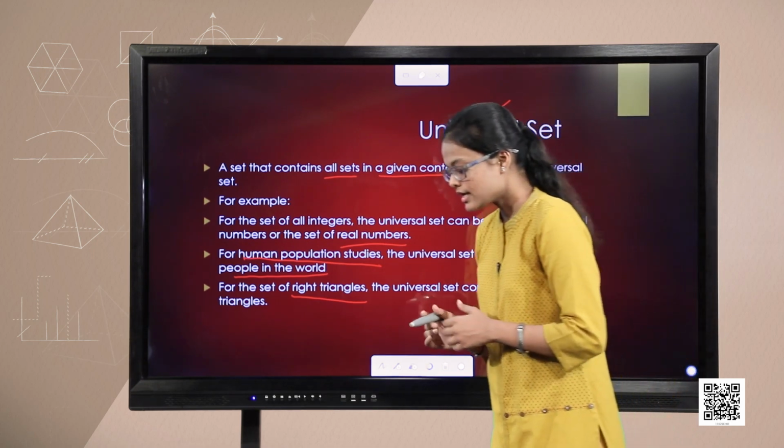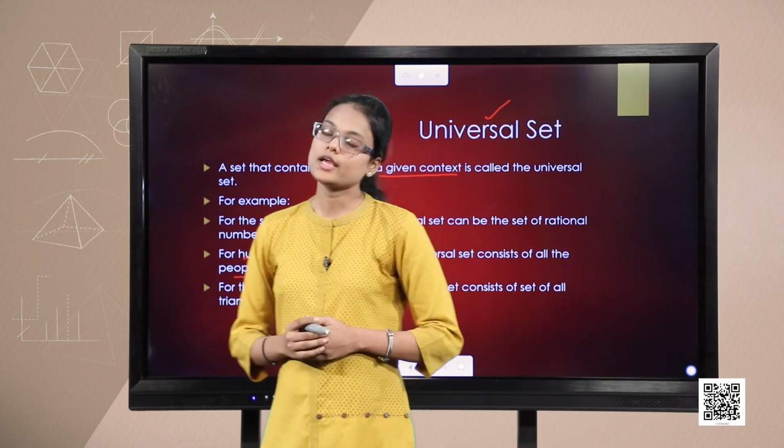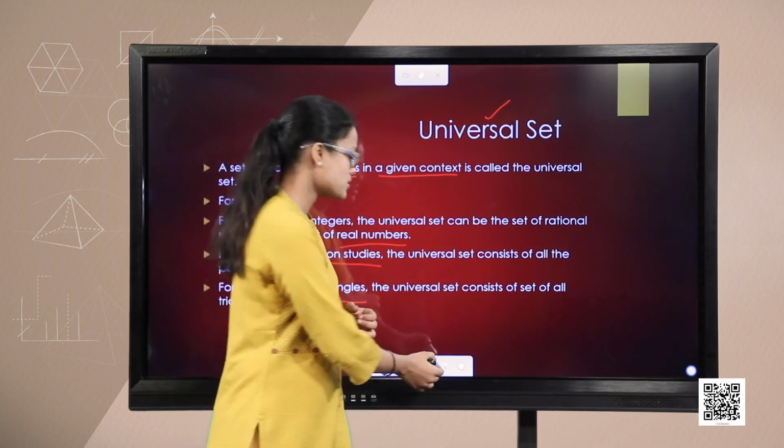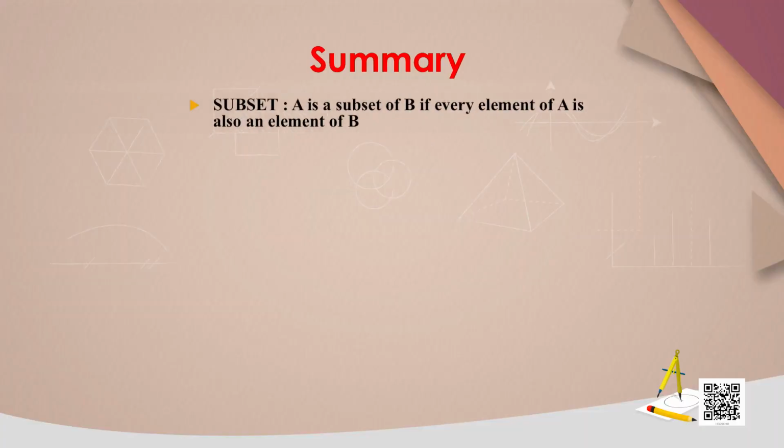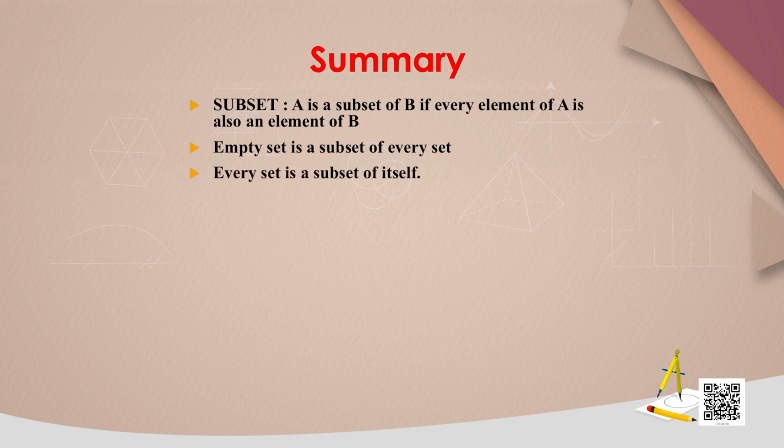So, let us quickly recapitulate what we have studied today. We have studied subset. A is a subset of B if every element of A is also an element of B. Some important points: the empty set is a subset of every set. Every set is a subset of itself.